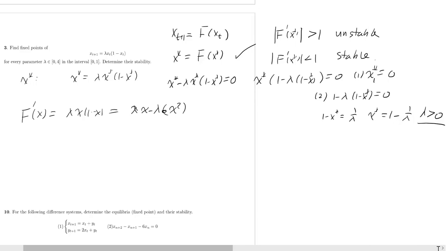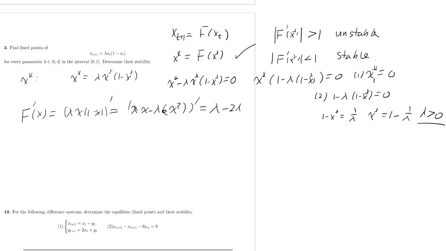If you take the derivative, then you have lambda minus 2 lambda x. So now we need to look at the derivative's absolute value, and that's lambda times 1 minus 2x.